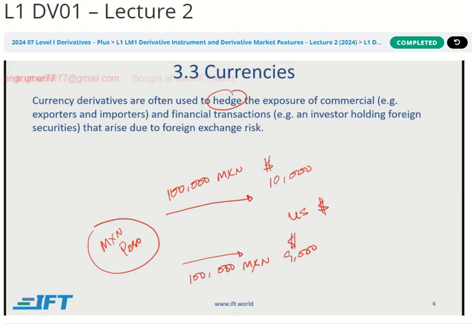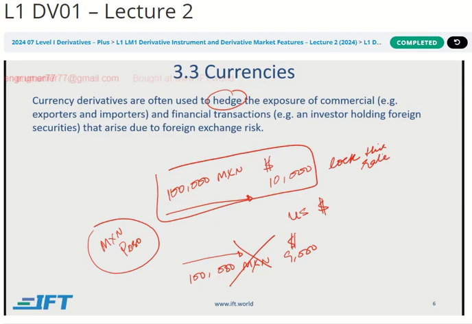So what we will do is we will not leave this to chance and we will lock this rate from now, which is 10 Mexican pesos to 1 US dollar, right?